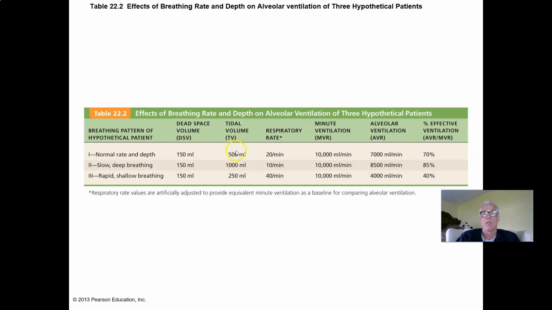If the tidal volume is 500 mils, 500 mils is how much you're breathing in and out each time at rest, and the dead space volume is 150 mils, the alveolar ventilation rate is 7 liters per minute, not 10, because a lot of the time we're breathing in that dead space air. So 7 liters per minute of good, fresh air is getting down to the alveoli.